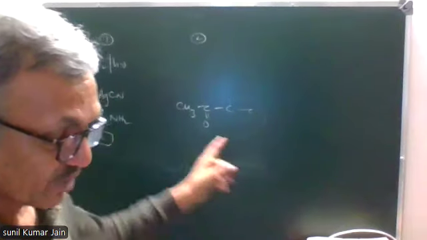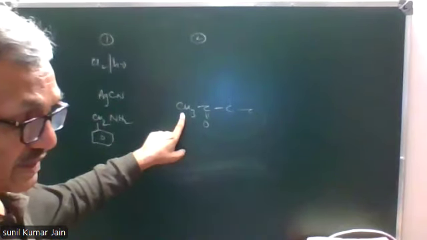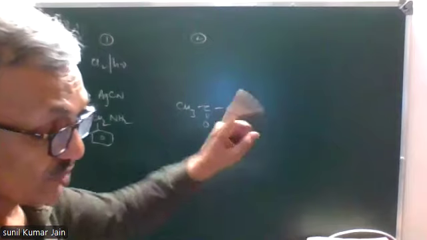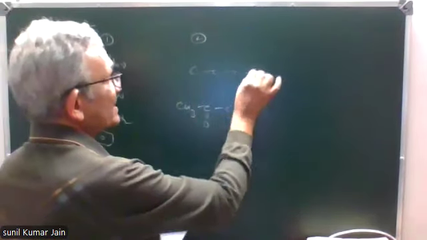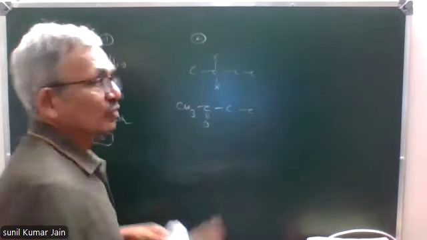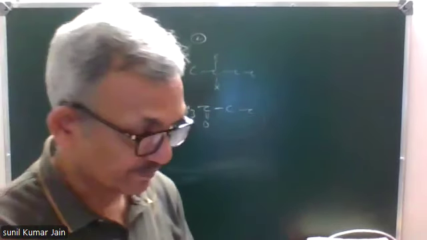And the other product is given, this changes into iodoform. This ketone is obtained by the reaction of A with aqueous NaOH. It means this A is a gem dihalide, 2 halogen atoms on the same carbon atom.